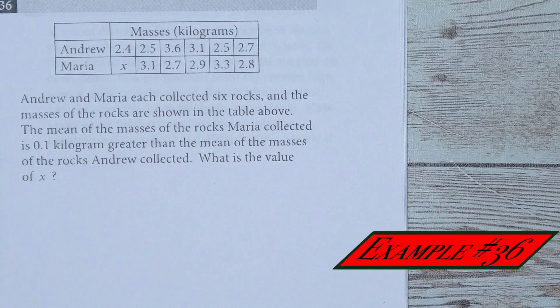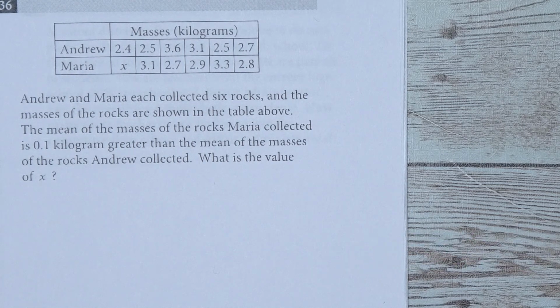Andrew and Maria each collect 6 rocks, and the masses of the rocks are shown in the table above. The mean of the masses of the rocks Maria collected is 0.1 kilograms greater than the mean of the masses of the rocks Andrew collected. What is the value of x?